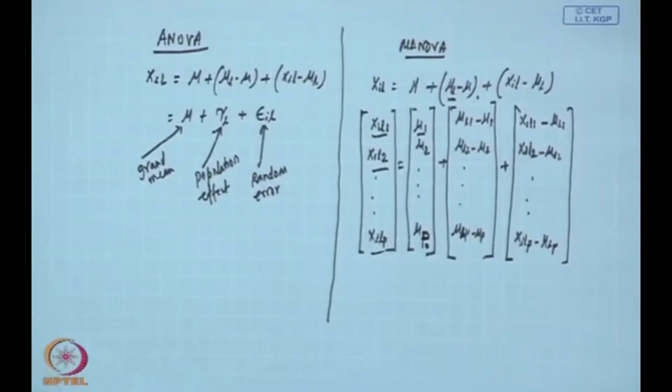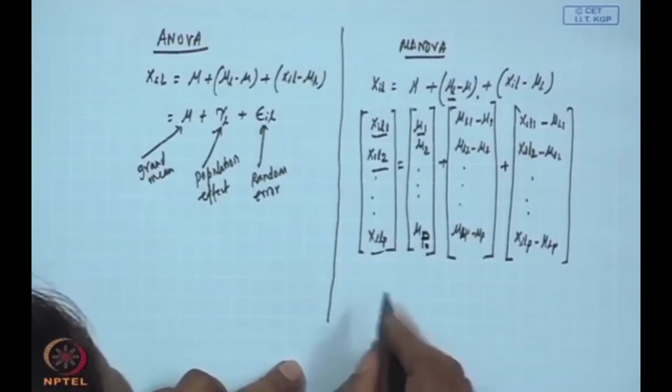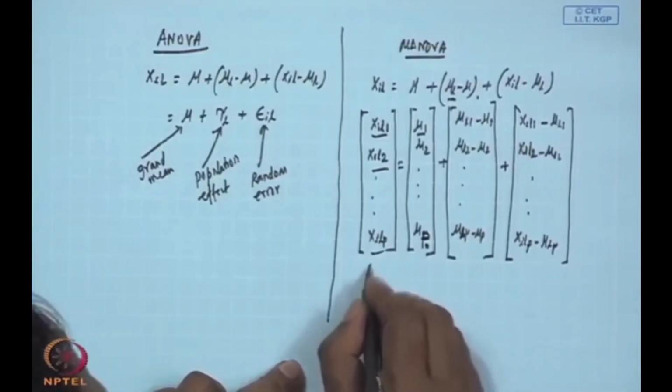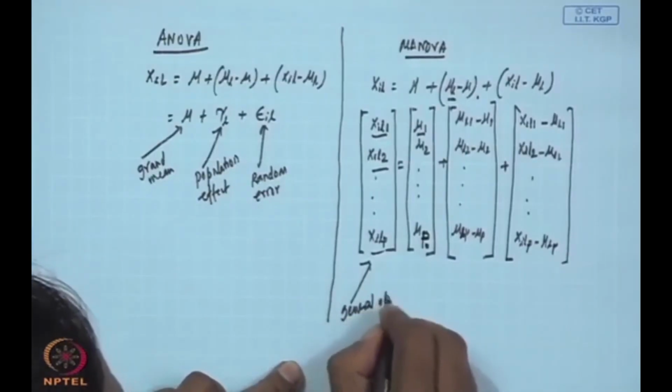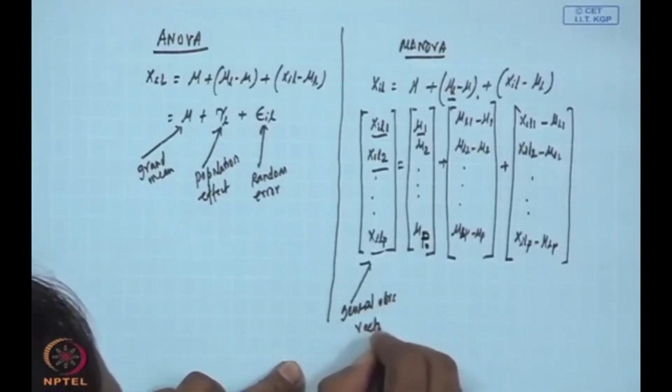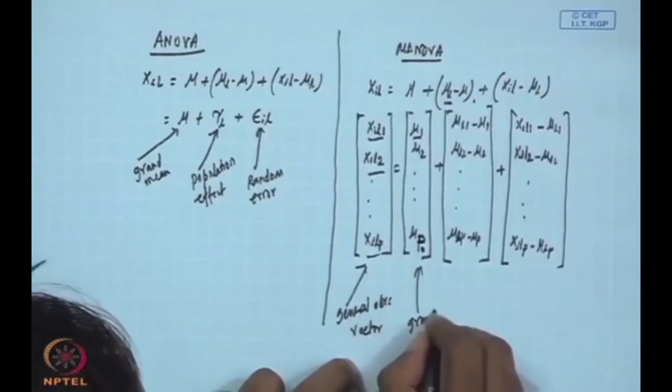This is partitioning the general observation into three components. This one is the general observation, the left hand side, the general observation vector, and on the right hand side this is your grand mean vector.